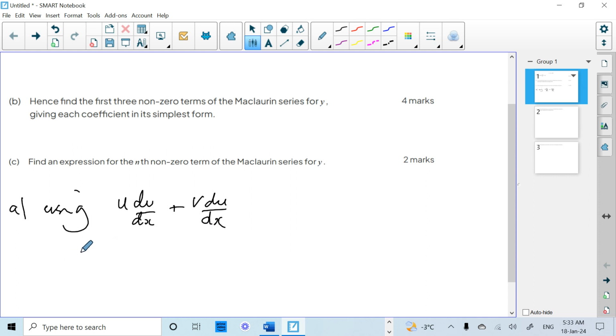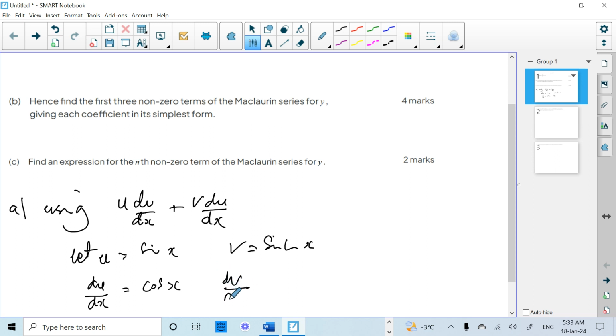So we're going to let u equal sin x, and v equal to sinh x. And then du/dx is equal to cos x, and dv/dx is equal to cosh x.